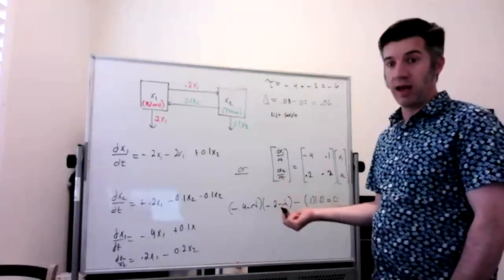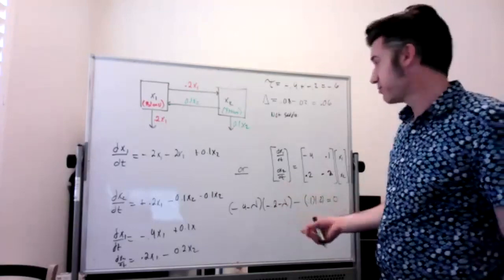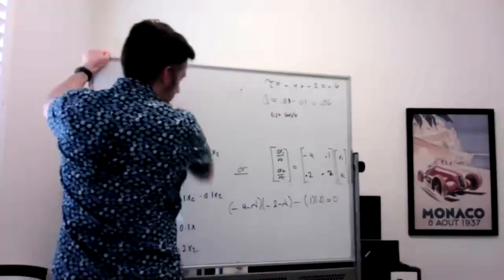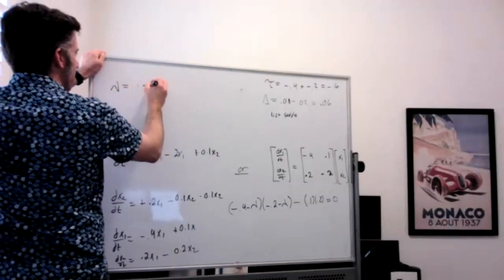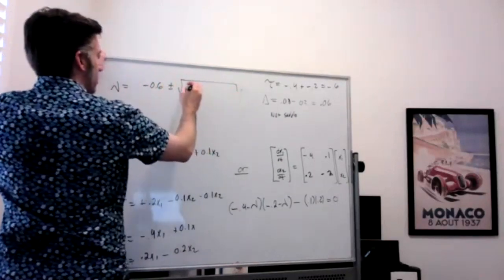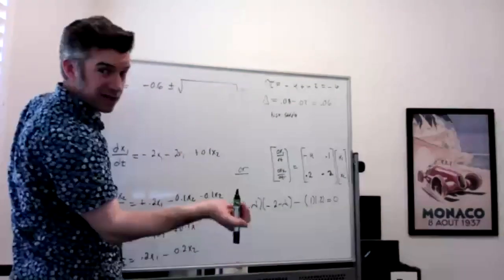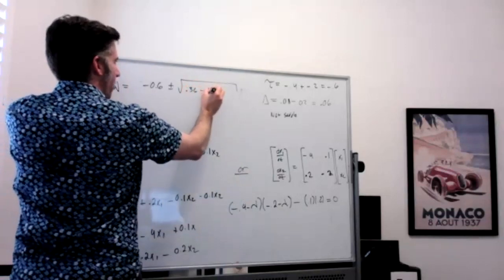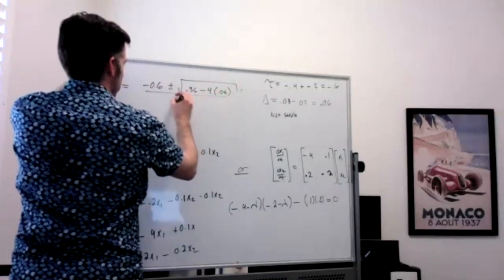We could do a little bit more work. You could say, well, I could actually write out the eigenvalues. So my eigenvalues are going to be negative 0.6 plus or minus the square root of negative 0.6 squared, so that's going to be 0.36, minus 4 times 0.06, all over 2.